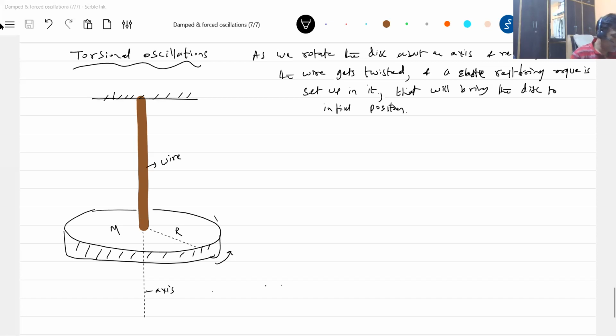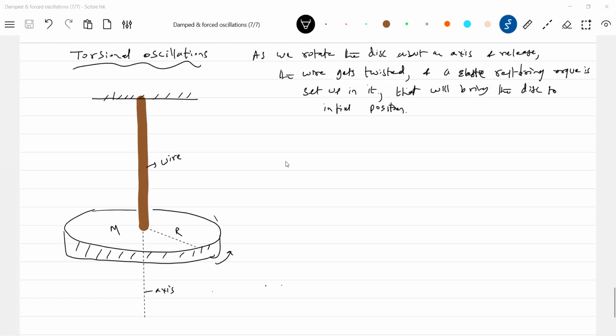So many objects around us, you just tie with a thread or something, you rotate and displace it. The strips will become the string. So this is what the torsional oscillations, what we are discussing. Nothing big.